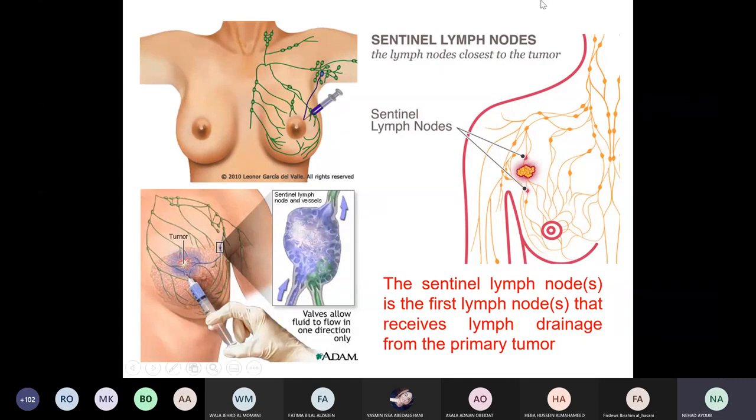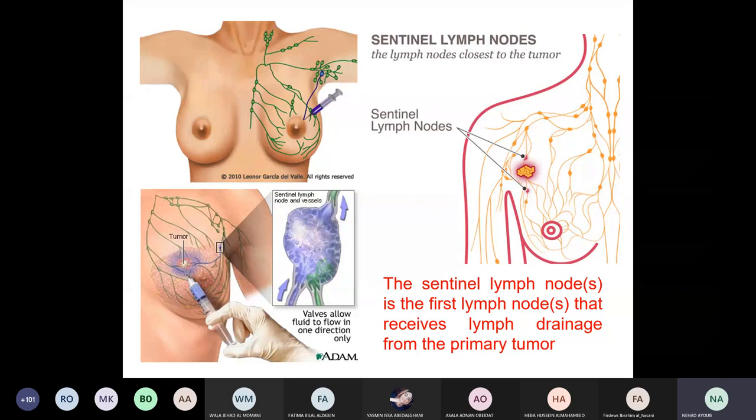That if this sentinel lymph node has tumor that reached it, it means it may have reached the ones behind it, and I may have lymph node positive disease and might need to do this axillary clearance. But if the very close adjacent lymph nodes were free, with no involvement and no cancer cells, what's the chance that the other axillary or other locoregional lymph nodes, the lymph nodes in the chest region, received the breast cancer?